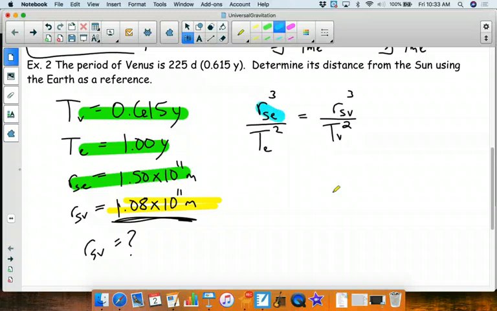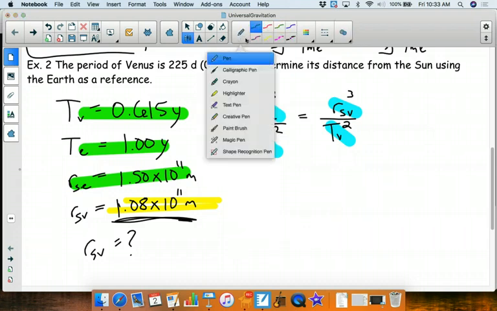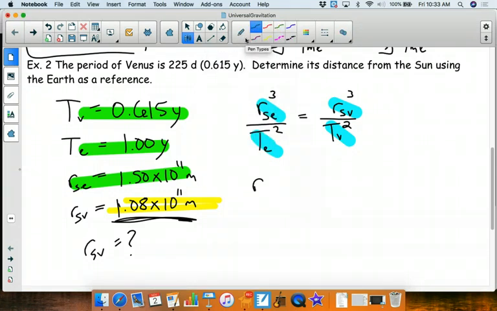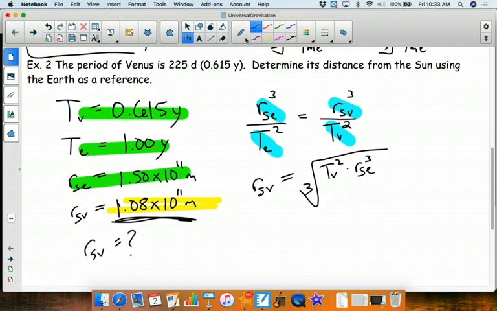Okay, guys, so you should have the distance from the sun to the Earth over the period of the Earth equal to the distance from the sun to Venus over the period of Venus. And then when you solve for the distance from Venus to the sun, you get the cube root of the period of Venus squared times the distance from the sun to the Earth cubed, all over the period of the Earth squared.